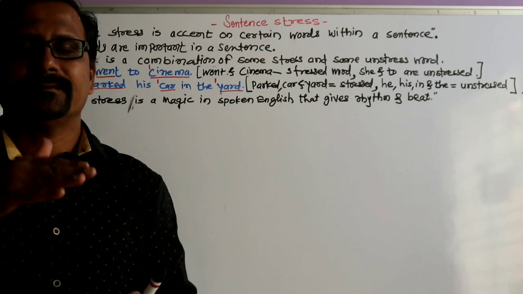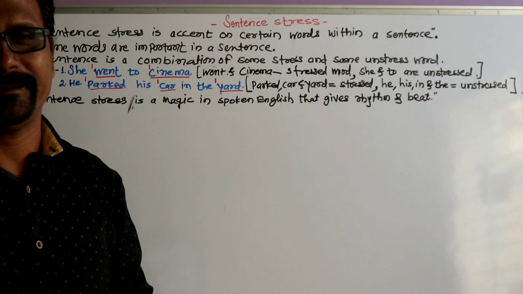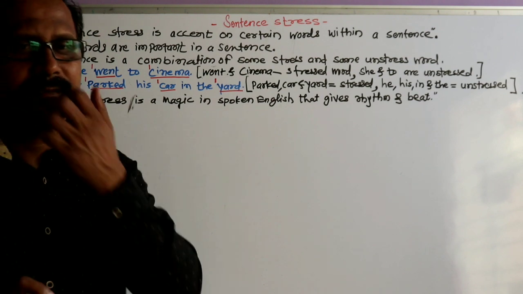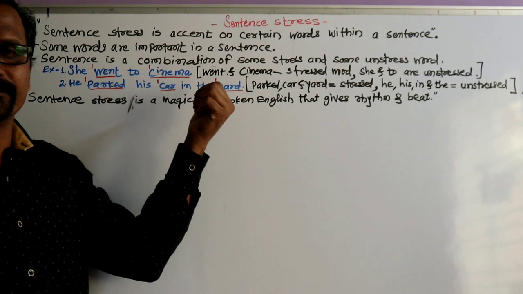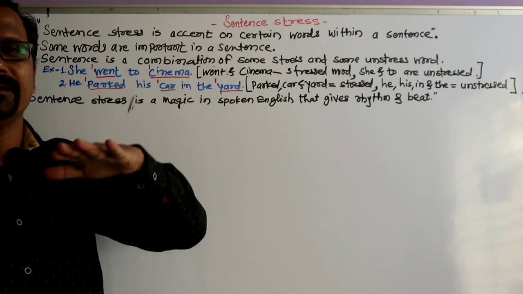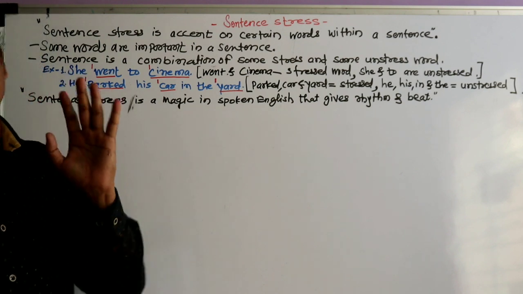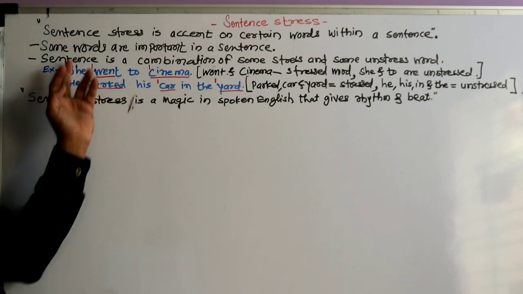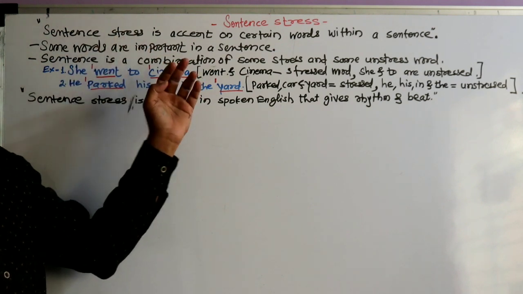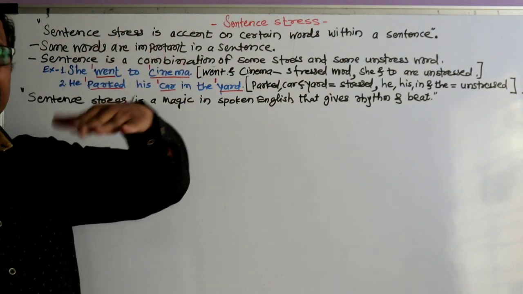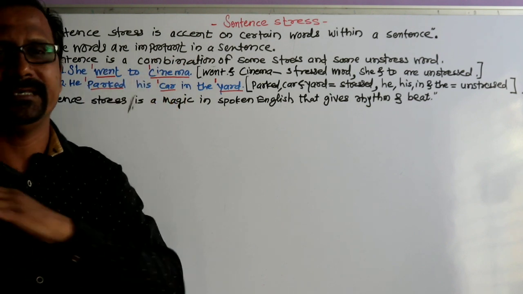So remember it when we speak out these sentences, definitely untraced words and traced words maintain the rhythm or beat. She went to cinema. So went and cinema maintain the rhythm, and other words are untraced, other words are weak.